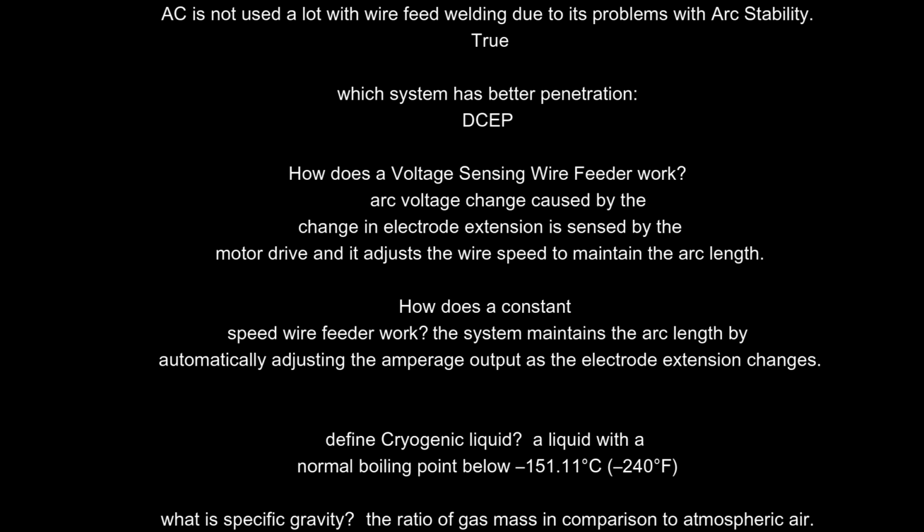Define cryogenic liquid. A liquid with a normal boiling point below -151.11 degrees C, -240 degrees Fahrenheit. What is specific gravity? The ratio of gas mass in comparison to atmospheric air.